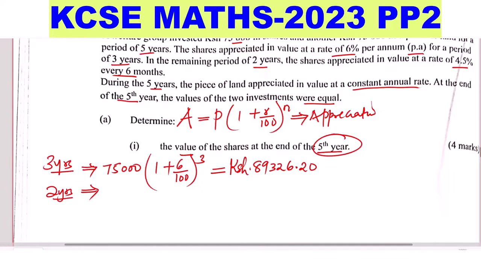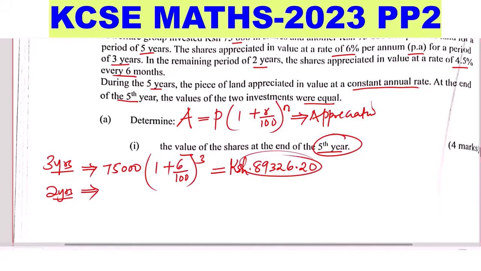now when you're beginning the 2 years, we don't have 75,000. Remember, there has been an appreciation and the amount is not now 75,000. It is 89,326.20. That will be the principal as you're beginning these 2 years. So the new principal, after 3 years, the amount has changed.